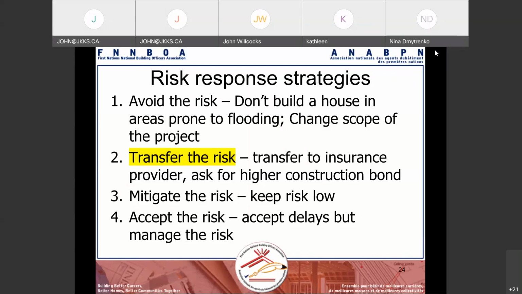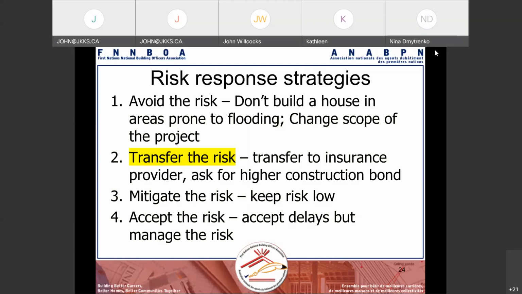Through our procurement discussions, we talk about the importance of First Nations asking for construction bonds. And construction bonds, as we recall, is where contractors have to put a substantial amount of bond on their project, and that bond ensures that they complete the project on time and there are no outstanding issues. So you can ask for a higher construction bond and transfer the risk to the construction bonding company.